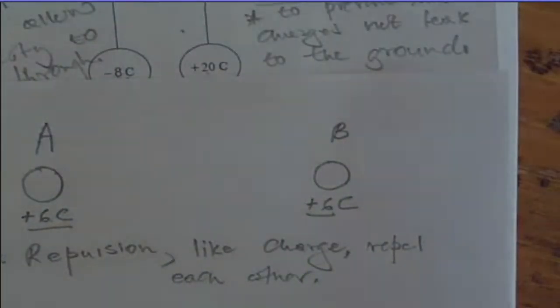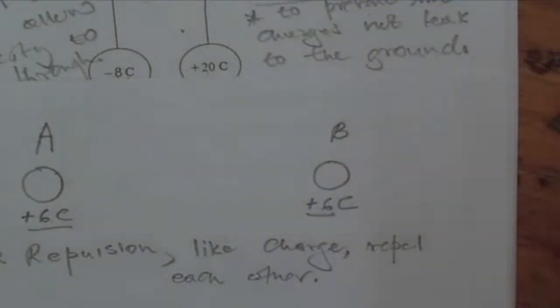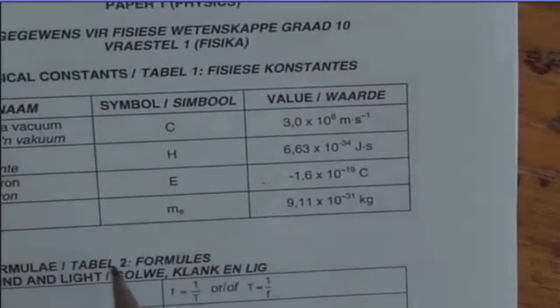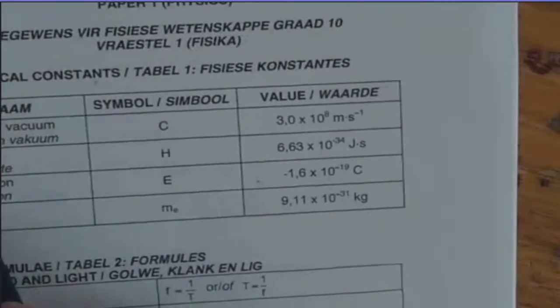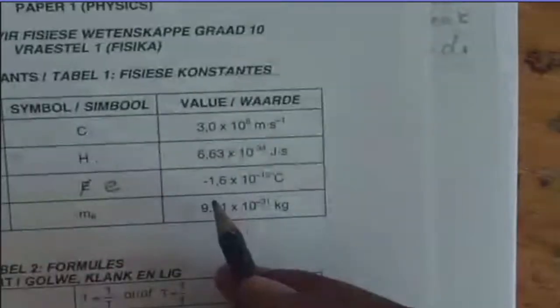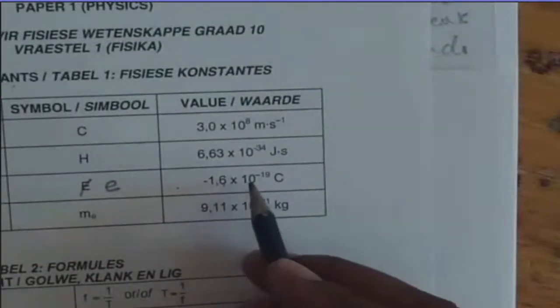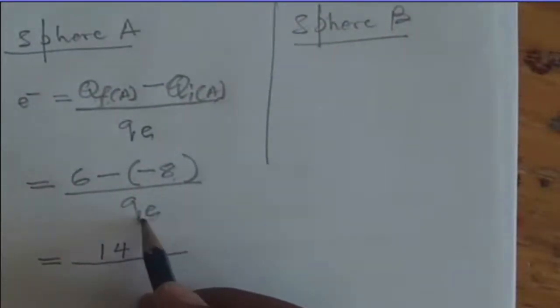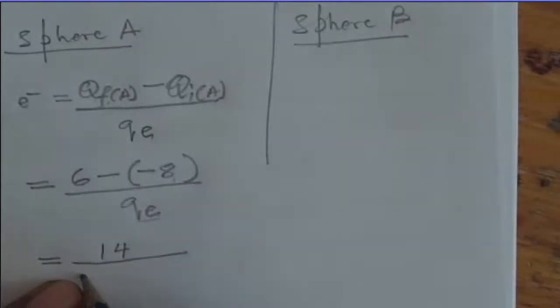Now the charge of electron. Let us look at the physical constants: the charge on an electron is equal to -1,6 by 10 to the power -19 coulomb. I don't want to divide by a negative number.